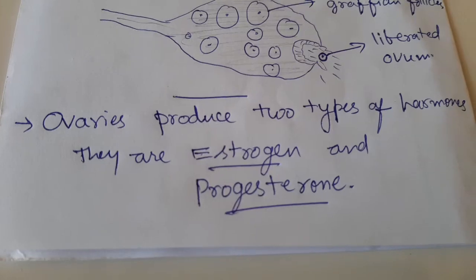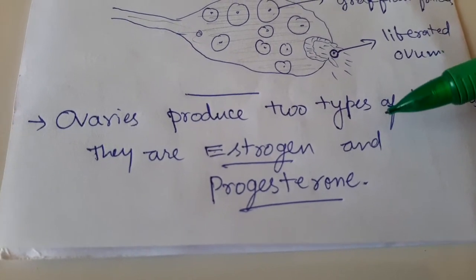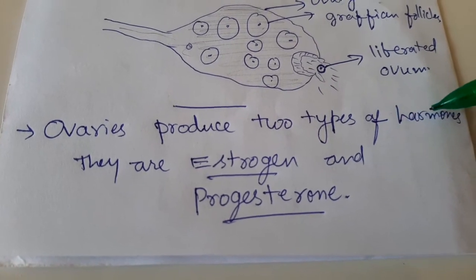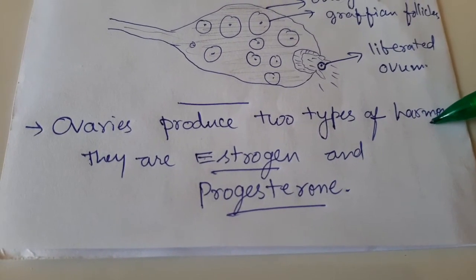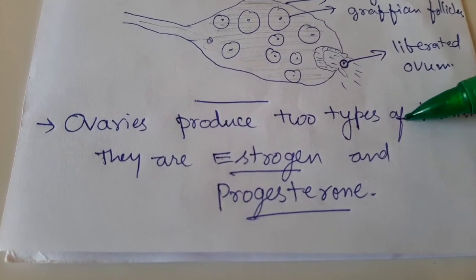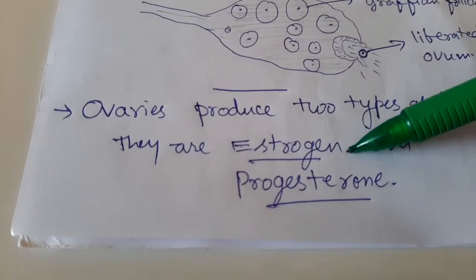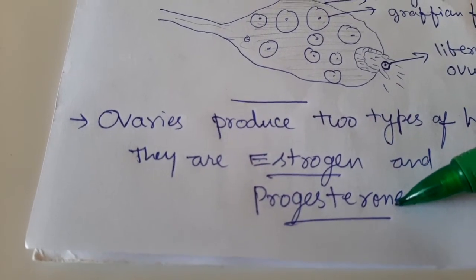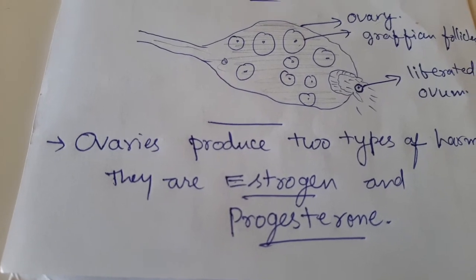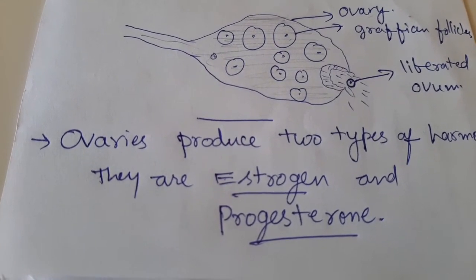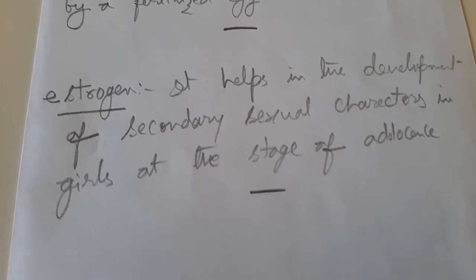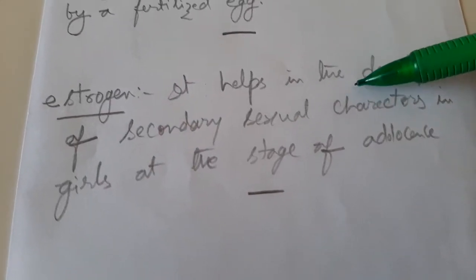Okay. Now students observe another important thing. Ovaries also produce two types of hormones. It is very important. What are the hormones produced by the ovaries? First one, estrogen and progesterone. Now let us know what are the functions of estrogen and progesterone. So students observe here, estrogen.